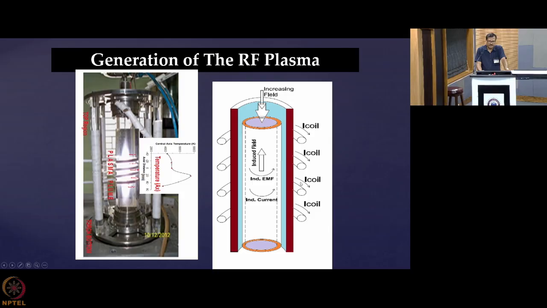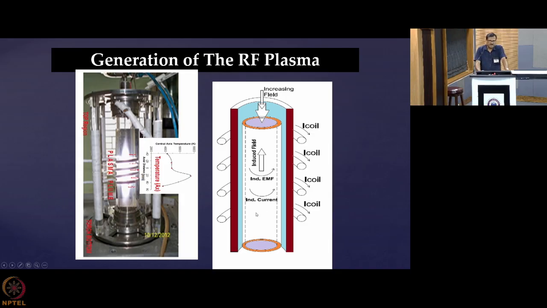Schematically, through this coil the current passes once in the clockwise direction, and next in the anti-clockwise direction. So the current is switching like this and then like this. Now whenever there is a del B del T, because the current is passing, there is a magnetic field, and the current is changing, so the magnetic field is changing.